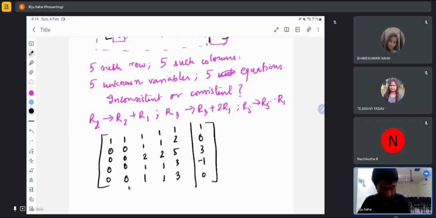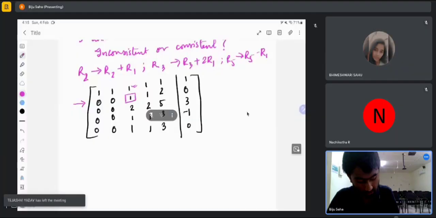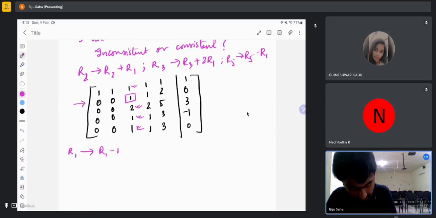Right now let us move to the second row. In the second row, the leading entry is present in the third column. Now my job is to reduce all these other elements to be equal to 0. With that motivation, I perform the following row operations.